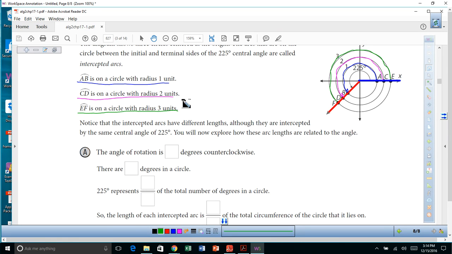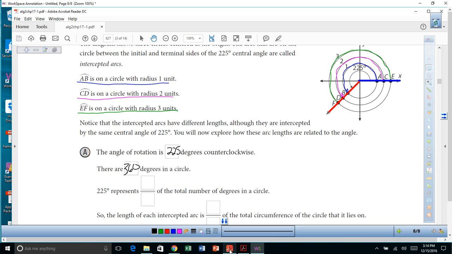Notice that the intercepted arcs have different lengths, although they are intercepted by the same central angle of 225 degrees. You will now explore how these arc lengths are related to the angle. The angle of rotation is 225 degrees, so 225 degrees counterclockwise. There are 360 degrees in a circle, right?